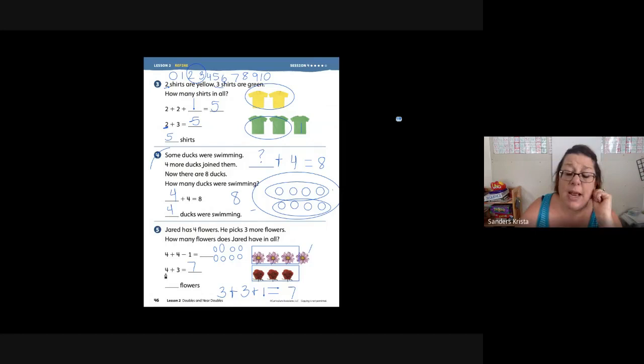I could go either way. I could do 3 plus 3, right? Or I could do 4 plus 4. But if I'm putting 4 plus 4, that means I'm going to have 1 more than I'm supposed to. So I have to take away that 1. So I'm going to make a line through and X out that 1. So my total here is still 7.